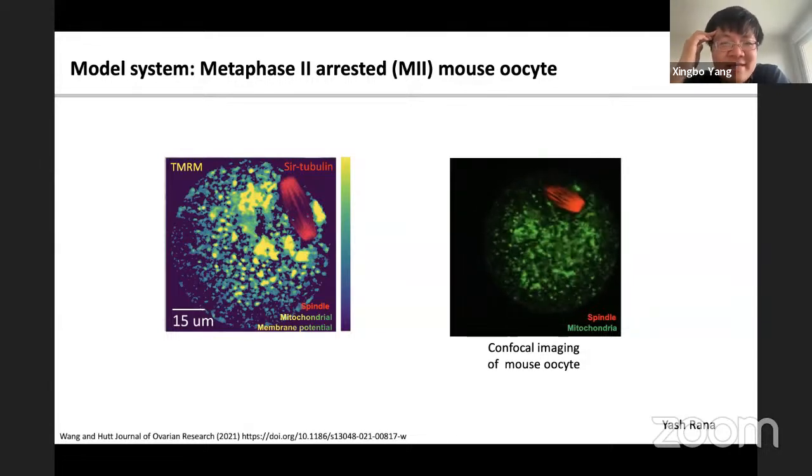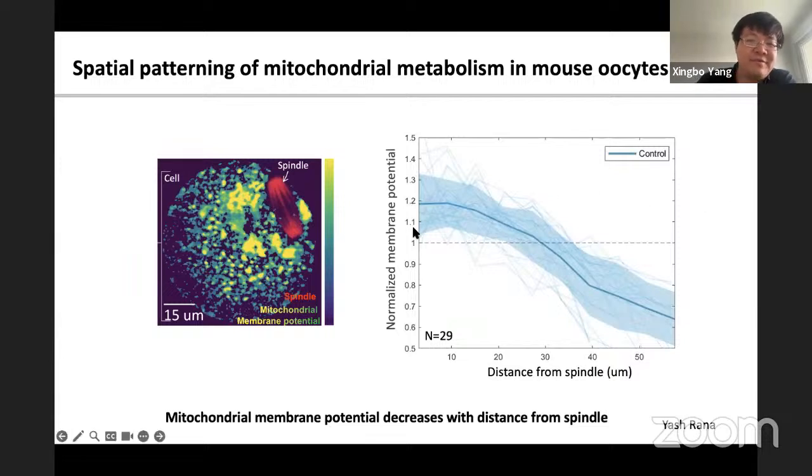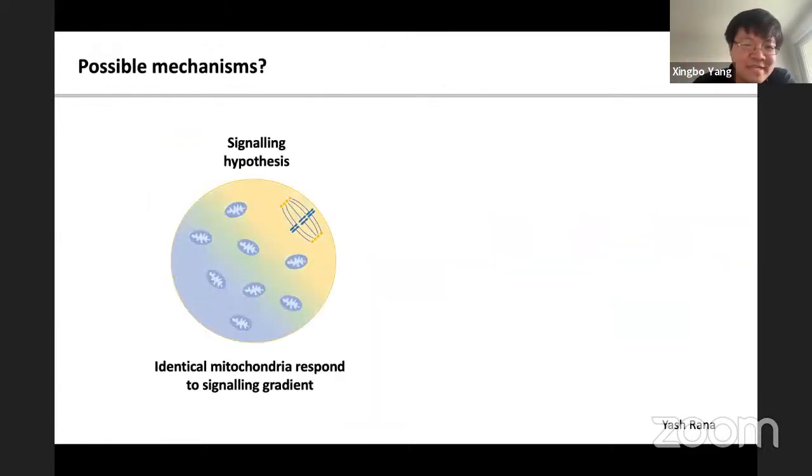In this case, we are asking a very big question: what is the mechanism for this kind of patterning? Is the mechanism due to some type of signaling? Under the signaling hypothesis, for example, the same mitochondria respond to some kind of signaling gradient.